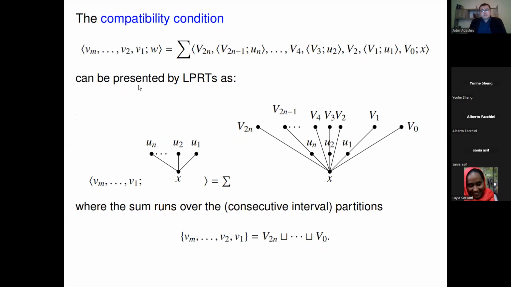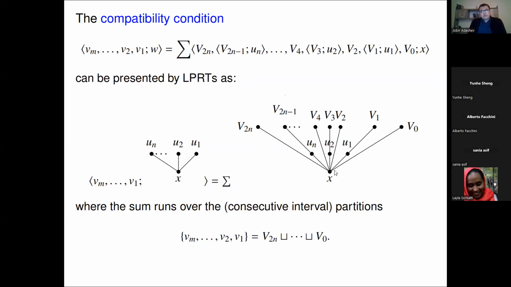So this can be presented by trees. The easy one here, I didn't write the v_m as a tree. We can also do that. It's just one vertex, right? One vertex. So this brace bracket is equal to the sum of the bigger trees. Let's look at the bigger trees.